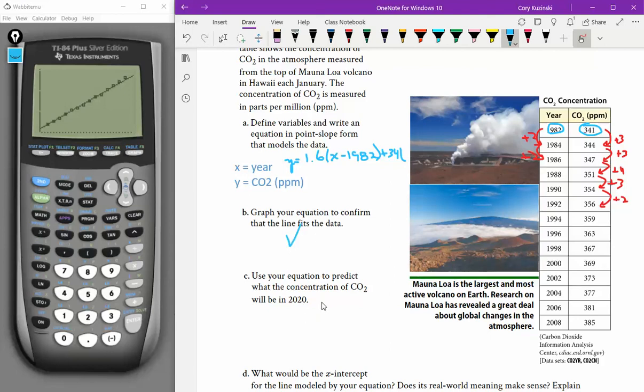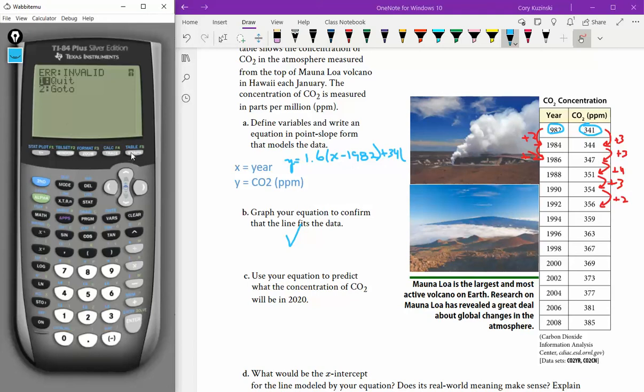Use your equation to predict the concentration of CO2 in 2020. Well, I've already got the graph, so let's trace. If I press up, I can trace it. We're going to 2020. The problem is when I put in 2020, it's invalid, because my graph doesn't go out far enough.